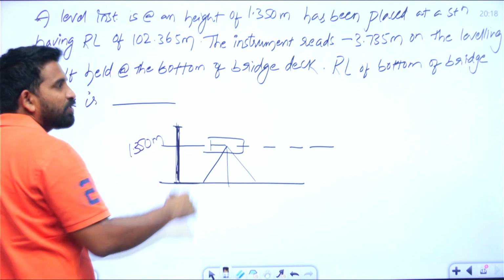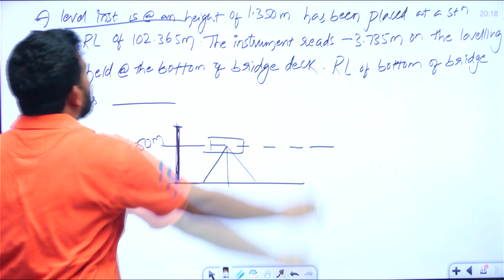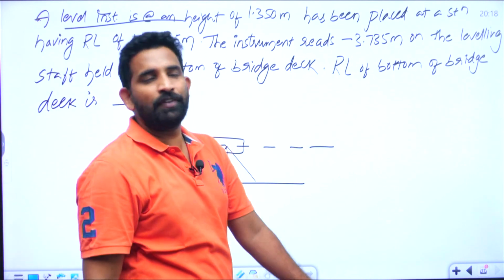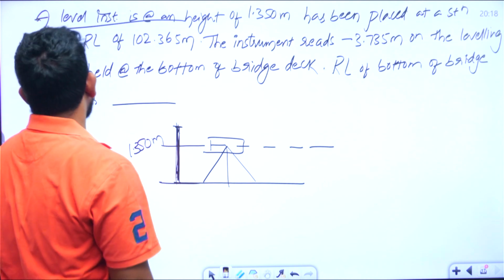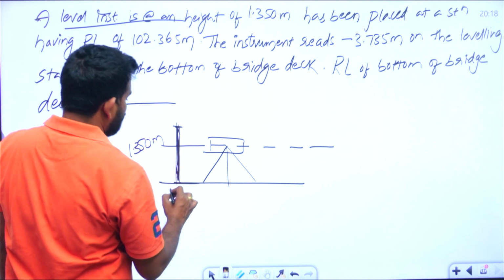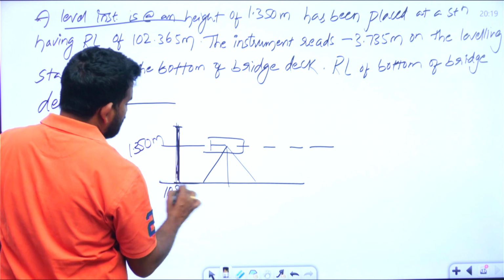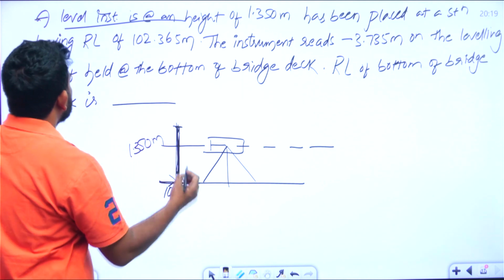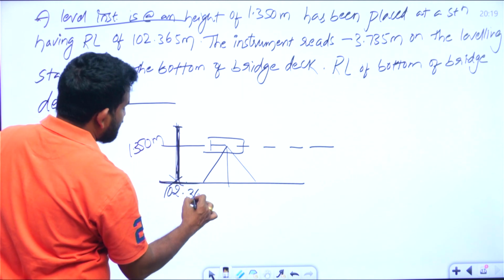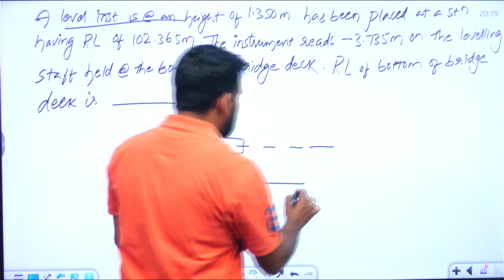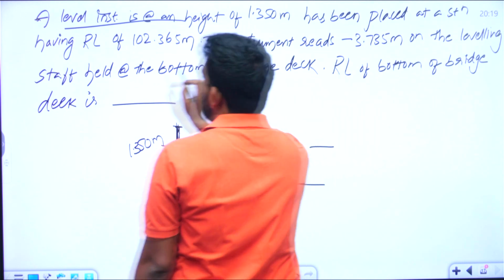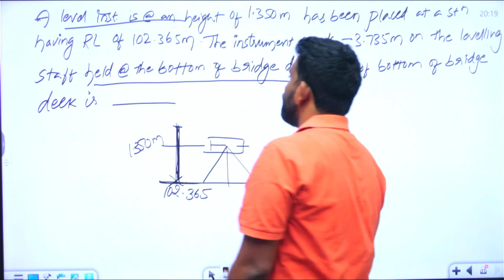I think this is the height of the instrument, because he only said that the level instrument is at a height of 1.350, but the height of the instrument we take from the line of collimation. It has been placed at a station having an RL of 102.365. So here this is a station, and the RL is given as 102.365. The instrument reads minus 3.735 on the leveling staff held at the bottom of the bridge deck.